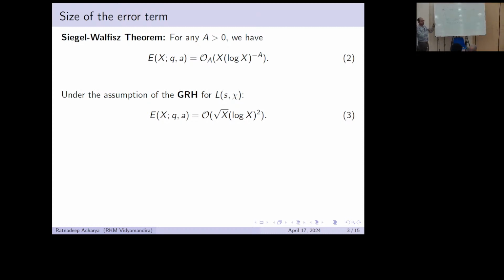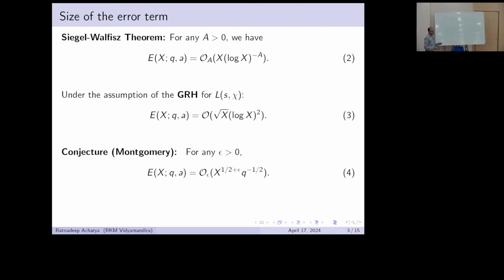Under a strong assumption, which is known as the generalized Riemann hypothesis, I am not going into the details, it implies that the size of the error term is of size square root of x times (log x) squared. So you can see the improvement. And it is conjectured by Montgomery that for any positive epsilon, the error term is of size x to the half plus epsilon times q to the power minus half.